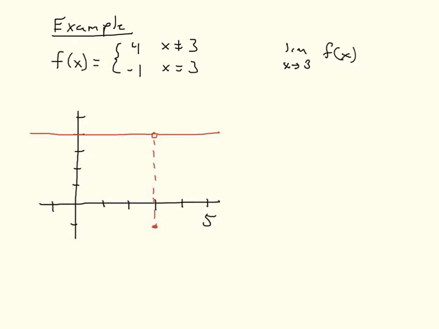So as I approach 3 from the left, but not equal to 3, my function values are going to be 4. So I can say that the limit as x approaches 3 from the left of f of x is equal to 4.